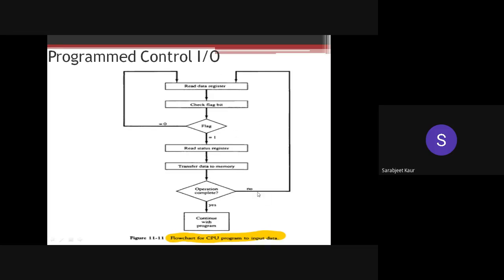Now in the interrupt initiated IO, if the operation is not complete, it will not go back here because the device will interrupt it. It will go back to the original program that it was executing, and then again have to take a branch to transfer the next data word, right?